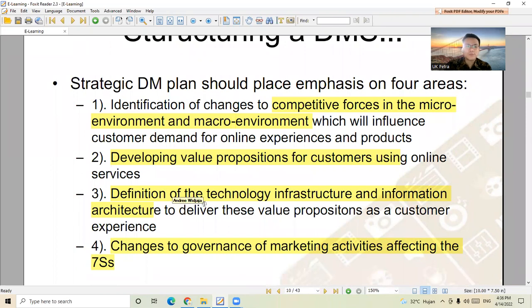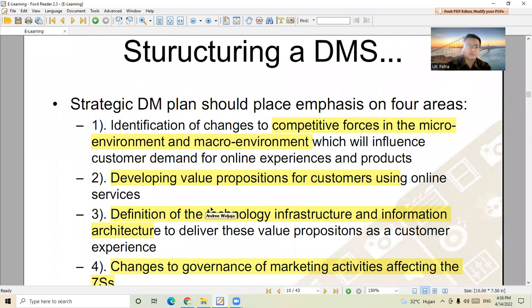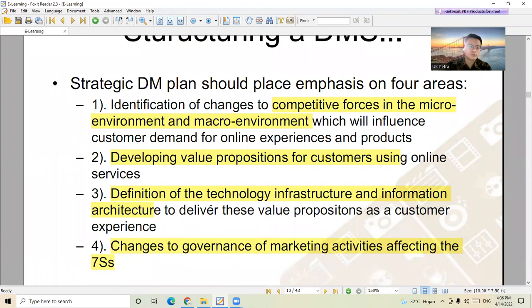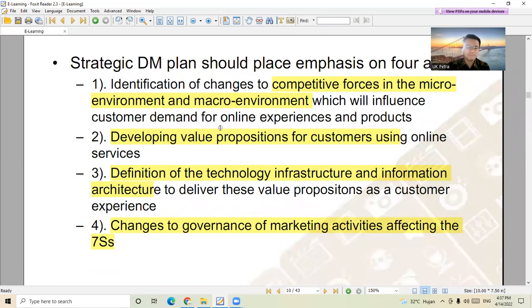So if we want to make the strategic digital marketing plan, at least we should include these 4 areas. The first one is related with the macro and micro environment that we already talked about in the first chapters a few weeks ago. The second one is the value propositions. What is the uniqueness of the services that we offer to the customers?